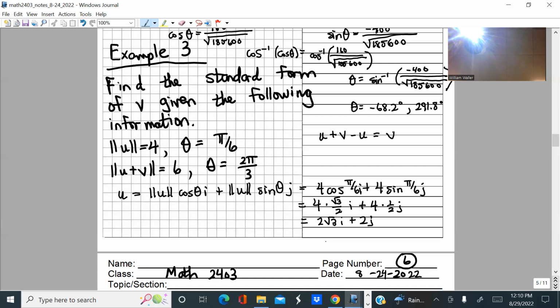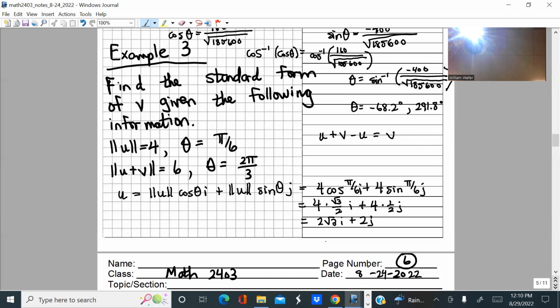So we have a roundabout way of figuring out v: if we can figure out what u plus v is and then subtract off u, which we already figured out. We already know what u is in standard form. If we can figure out u plus v in standard form, we just have to subtract off u, and what would be left is vector v that we're interested in.